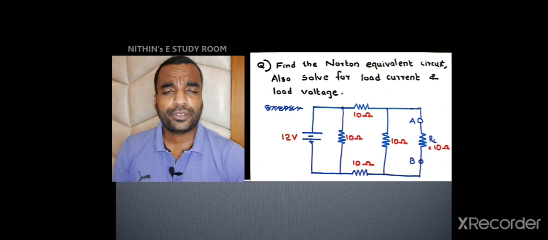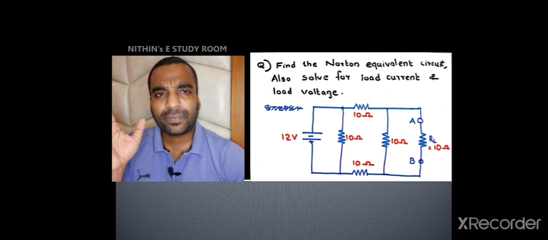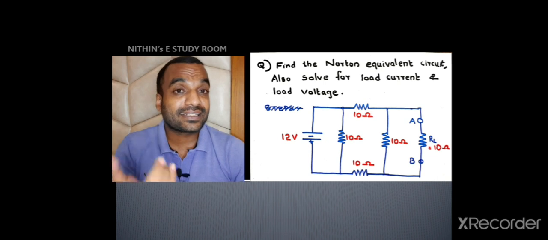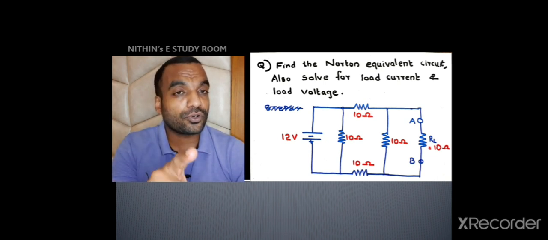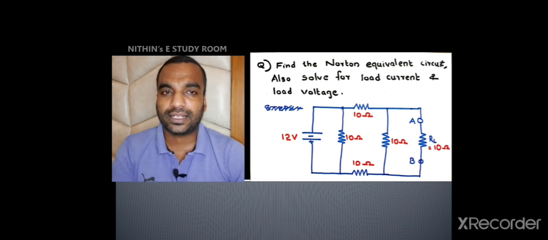In some problems, you may be asked to find the current through that 1 ohm resistor, 2 ohm resistor, like that, and by viewing that question you will find that you have to consider that particular 4 ohm, 3 ohm or 2 ohm, whatever, as the load resistance, and you have to remove that branch.